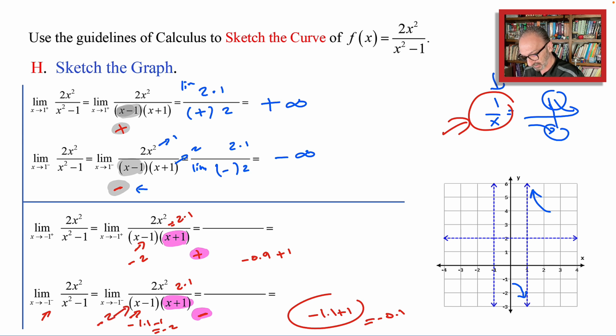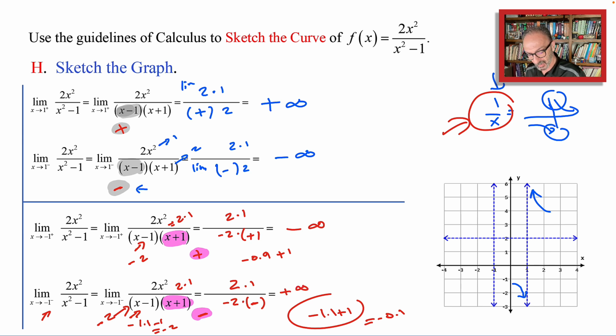So we are ending with 2 times 1 over negative 2 times a very small amount, but negative. And on top it's going to be 2 times 1 over negative 2 times a very small amount, but positive. So the first one will give me a behavior of negative infinity, and the second one will give me negative times negative at the bottom side. It's going to give me positive infinity.